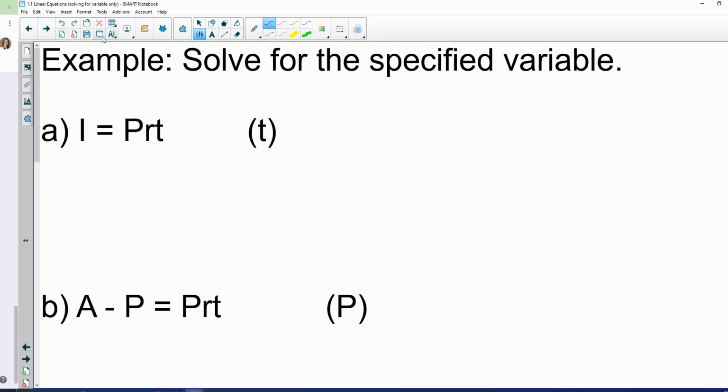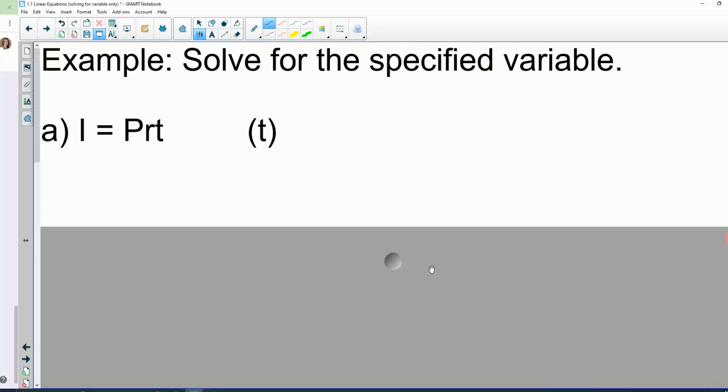remember. If I told you to solve this equation for t, I equals PRT. So no numbers, I'm not going to get a number example or a number answer.